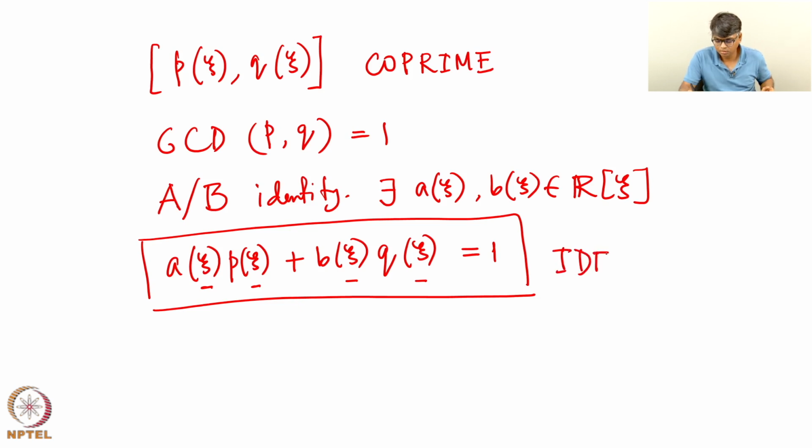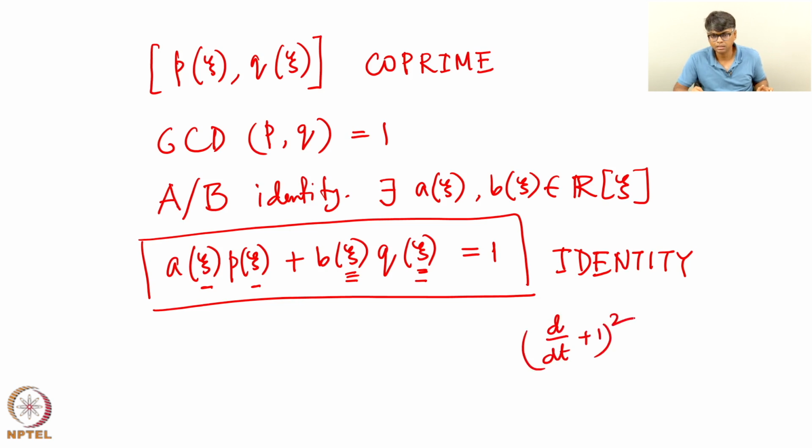Be very careful in making a distinction between the two. This is an identity, so it doesn't matter what this placeholder is, it will always be true. Like for example, if I have d dt plus 1 the whole squared, it will always be equal to d squared dt squared plus 2 d dt plus 1.